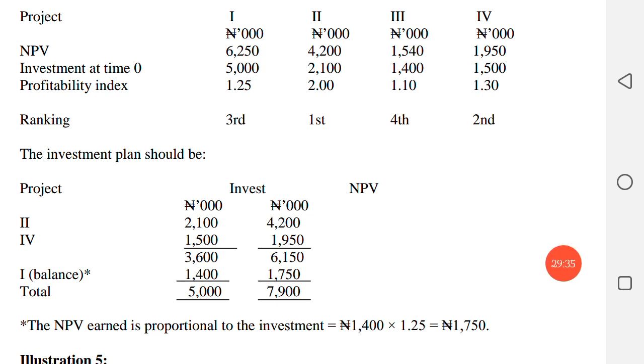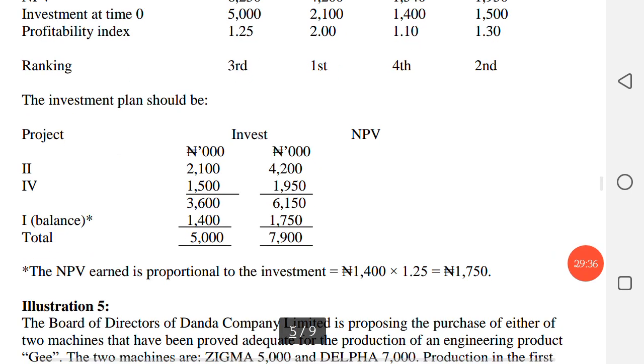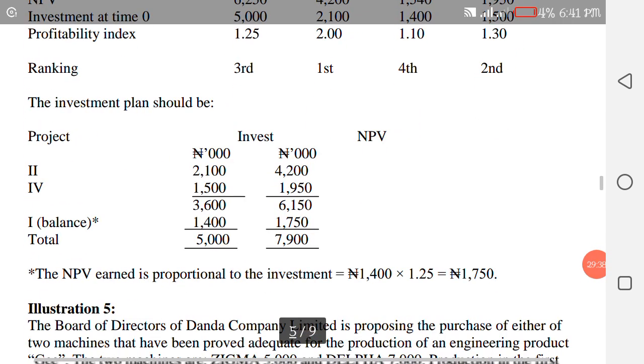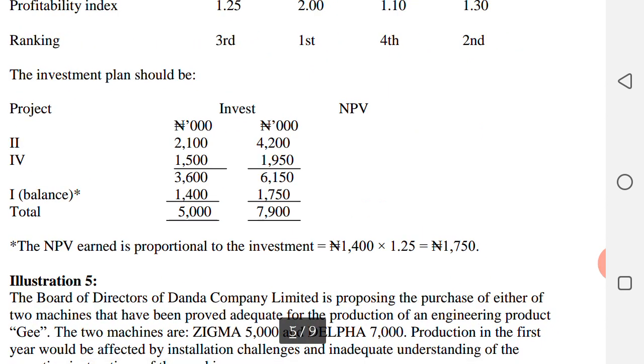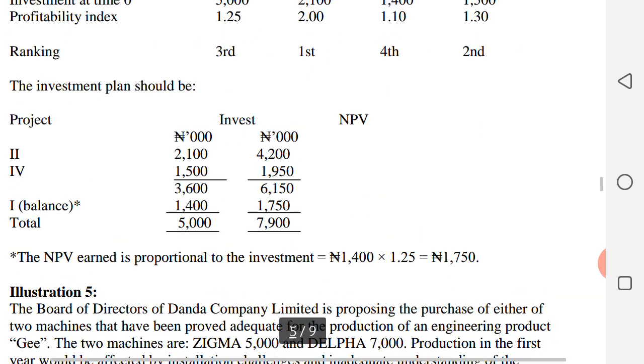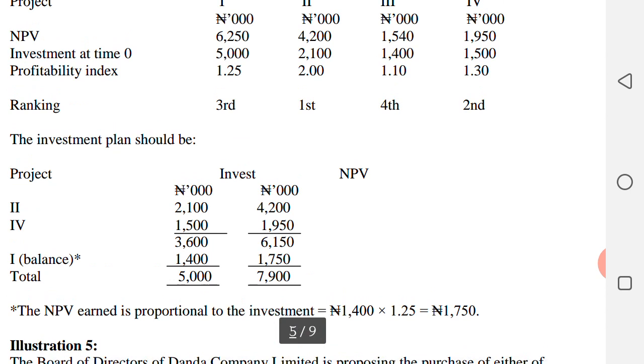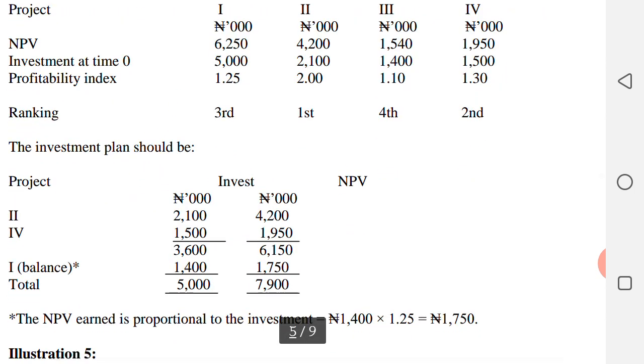For the ranking, we have project 2, which is the first. We invest 2,100,000. Project 4 is the second, which is 1,500,000.